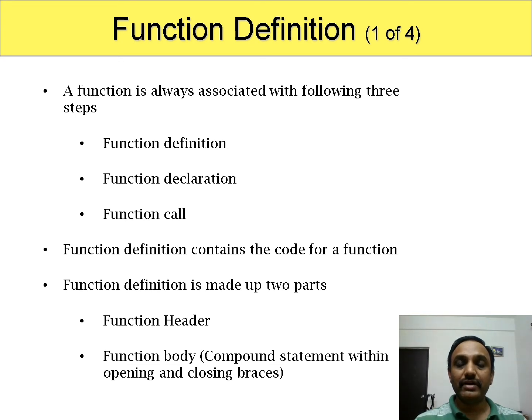To perform that job, you require some code, and that code is present in the function definition. This function definition is made of two parts: one is the function header, the next is the function body. The function body is a compound statement with opening and closing braces.